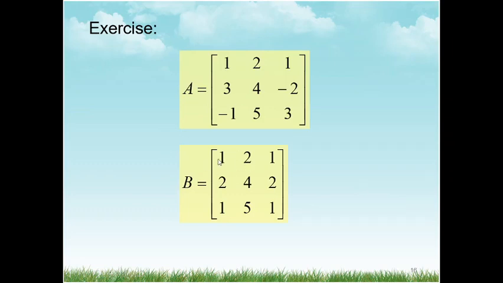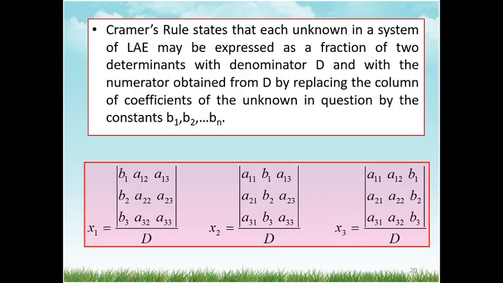So here we have matrix B. First row 1 2 1, second row 2 4 2, third row 1 5 1. To find the determinant of B, we write down again the original matrix of B, and then we rewrite the first two columns of matrix B and put them side by side, and then we do the multiplication and summation along the diagonal lines.